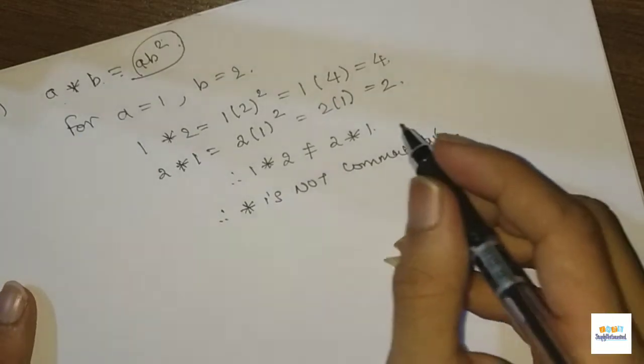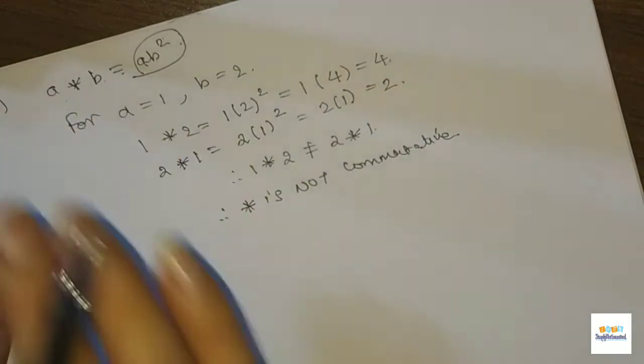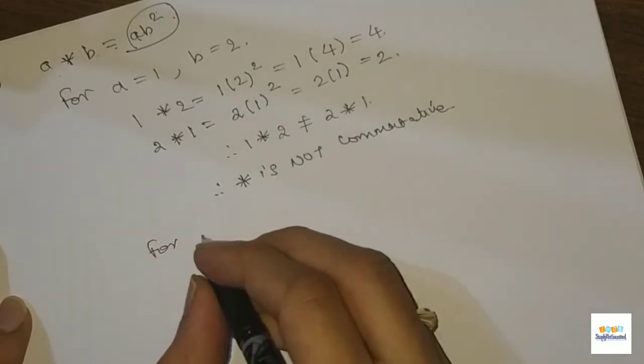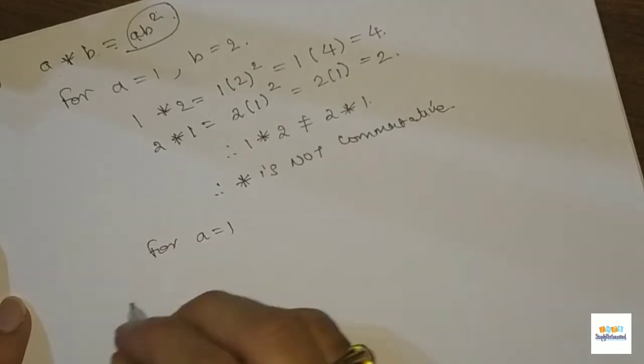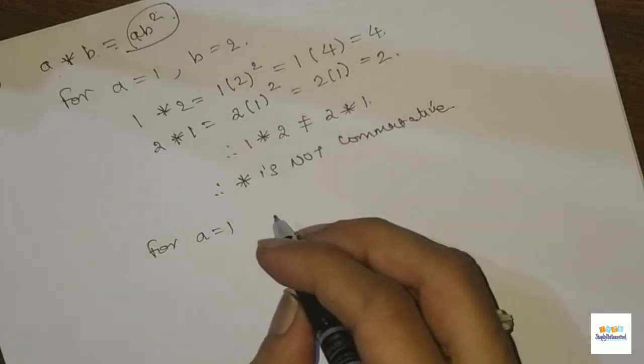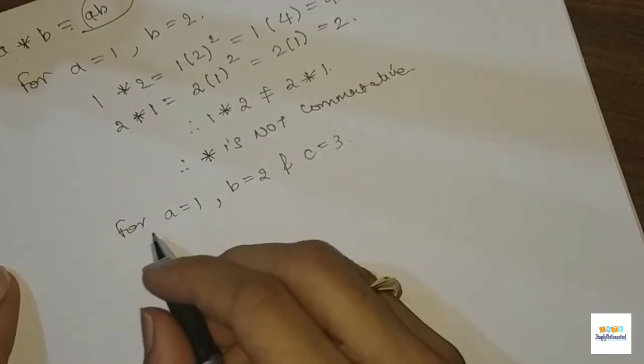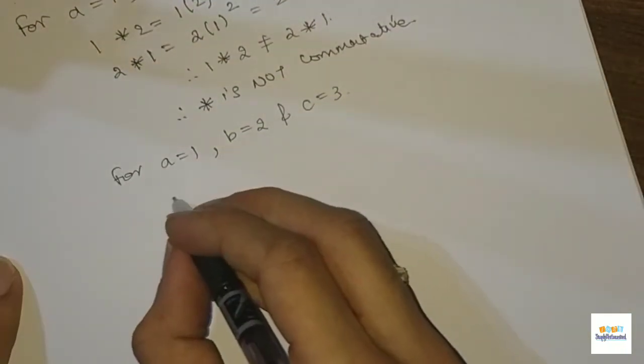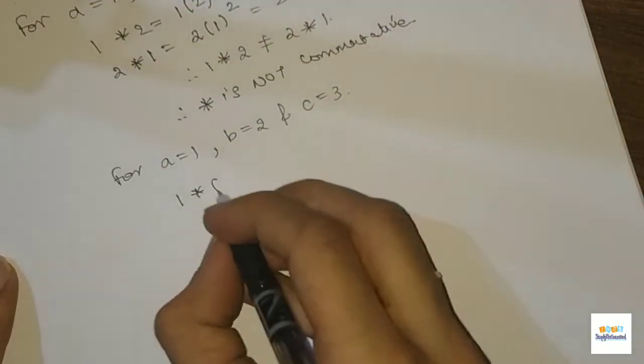Now again, this is not associative. Why? Let us take some example, as you have to check associativity with three numbers. Let us take A equal to 1, B equal to 2 and C equal to 3.